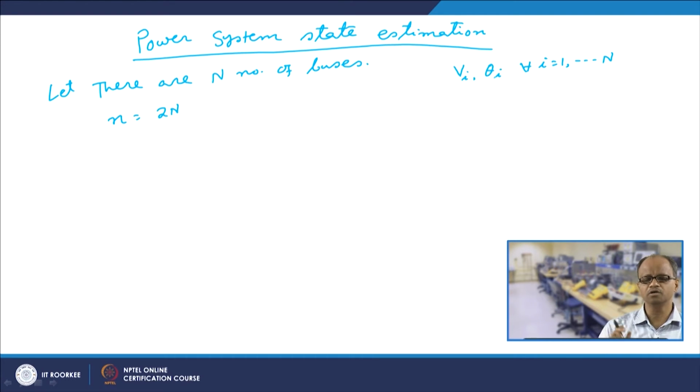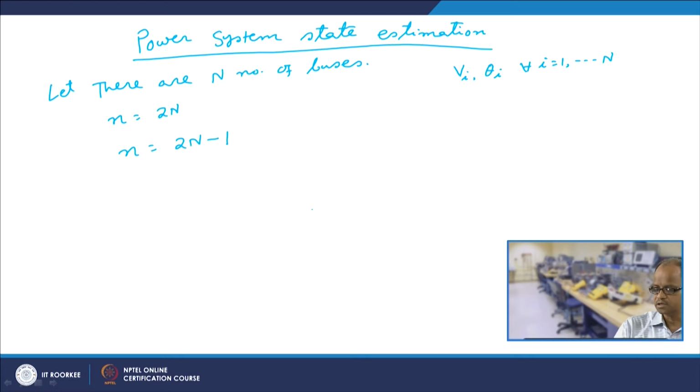Usually we make it, let us say, at bus number 1 or at a slack bus, but the central point is that we make one angle equal to 0. So, the total number of states is 2N minus 1.